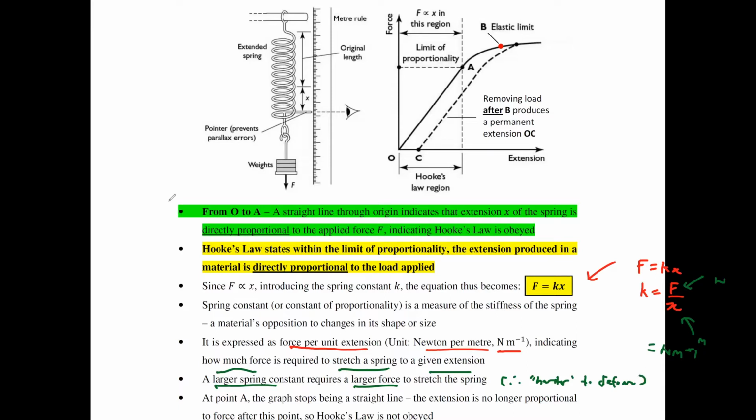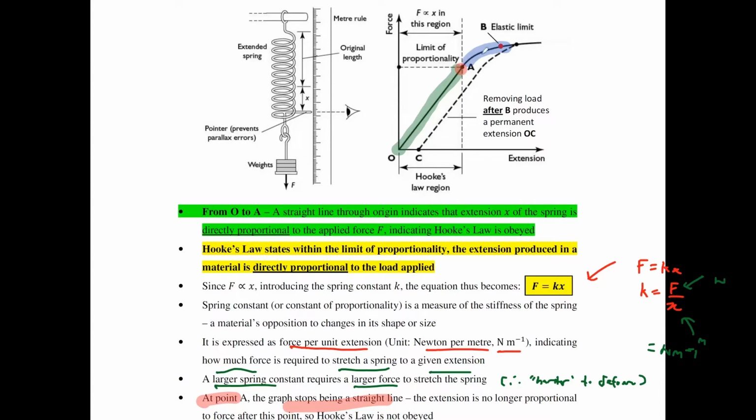Okay, so we cover up to this part here from O to A. Now, if you look specifically at point A, after that point the graph will stop being a straight line. It no longer is a straight line.